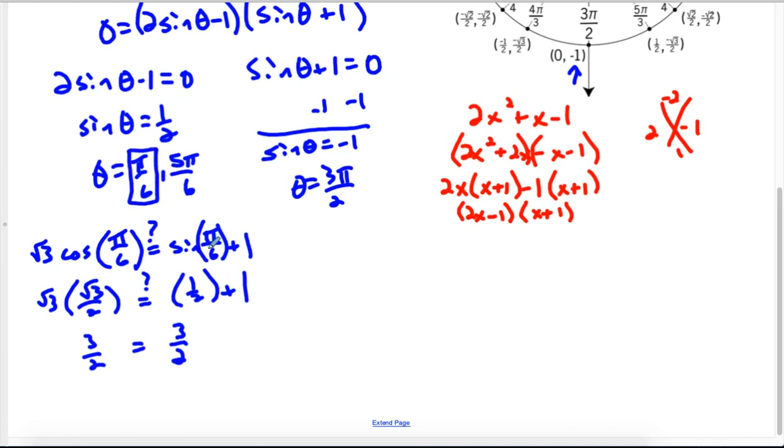All right, let's check 5 pi over 6. So again, we have to go through the same process. Square root of 3 times the cosine of 5 pi over 6. We want to see if that is equal to the sine of 5 pi over 6 plus 1. Well, the cosine of 5 pi over 6 is negative square root of 3 over 2.